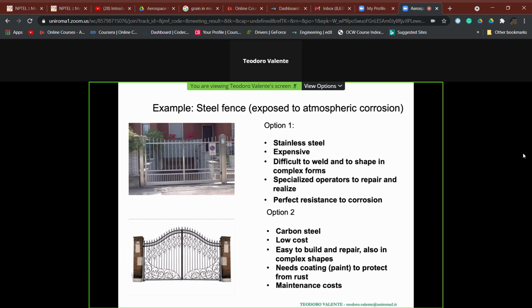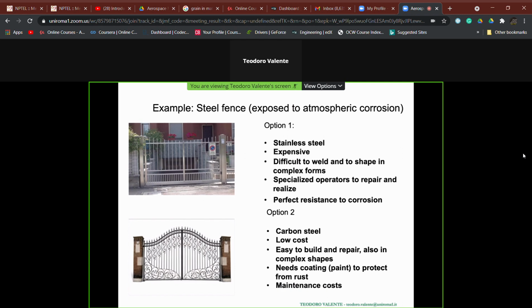Think, for example, like in this picture, of a steel fence, which must resist atmospheric corrosion, because that's our design requirement. Let's talk about the possibility, as is usual, not to use wood or metallic alloys.